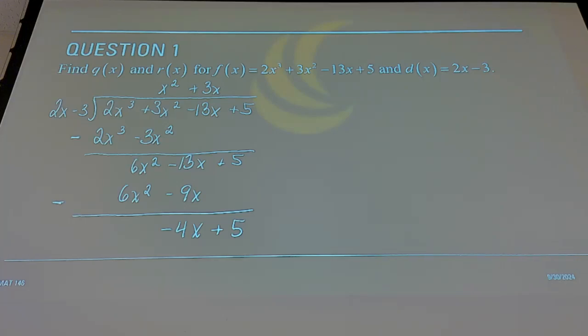Look at that degree. Is it less than the degree of the divisor? So you have to keep going. Negative 4x is your new leading term with a dividend. What do you multiply 2x by to get it?